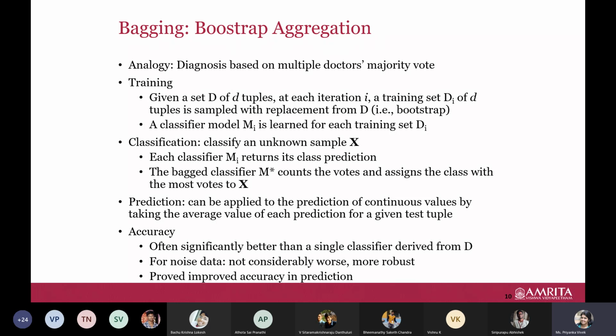If it is prediction, it might take the average value of each prediction for a given test tuple. Of course, this would be more accurate and more robust than predicting by just one classifier.